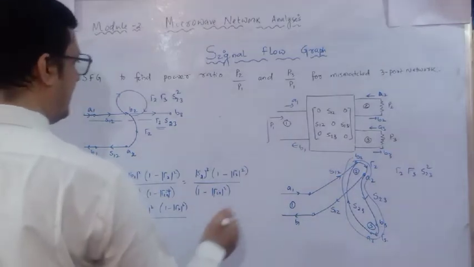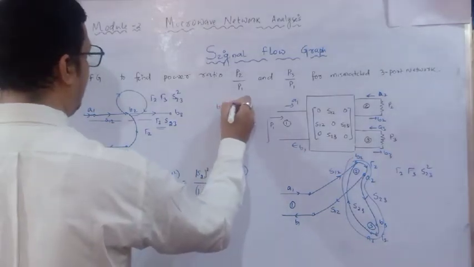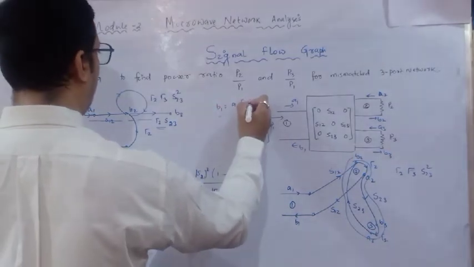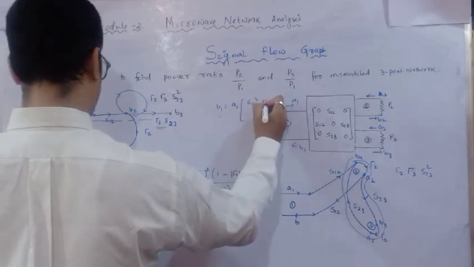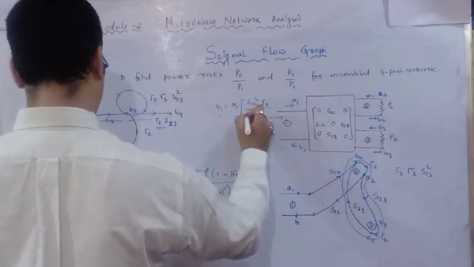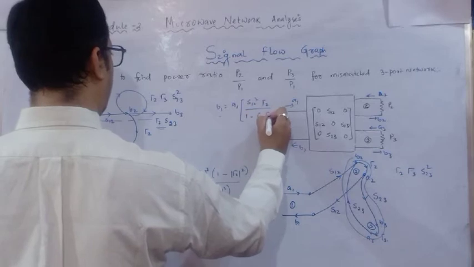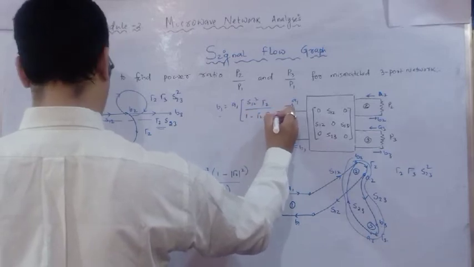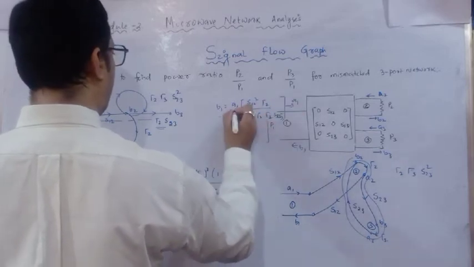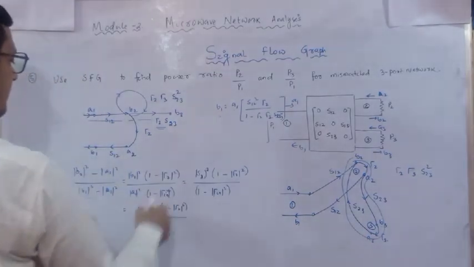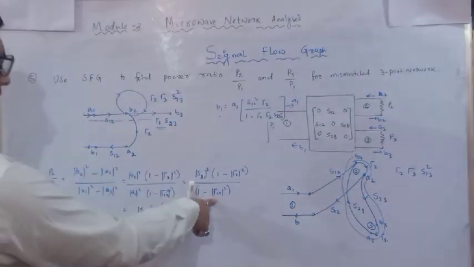I can write as B1 we have written, A1 whole into S12 square into reflection coefficient 2, 1 minus reflection coefficient 2, 3 and S23 square. You have to substitute this value. So B1 by A1, in place of this we have to substitute.